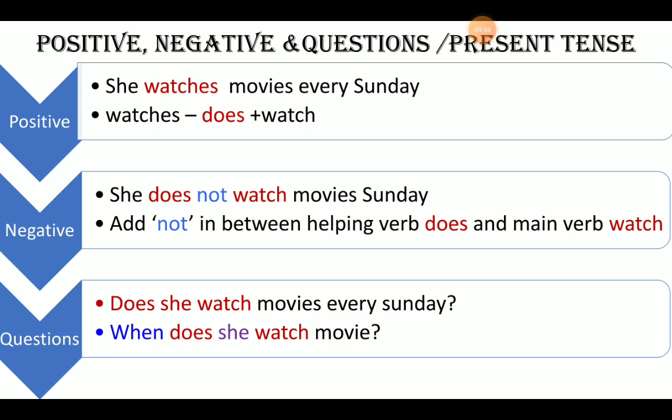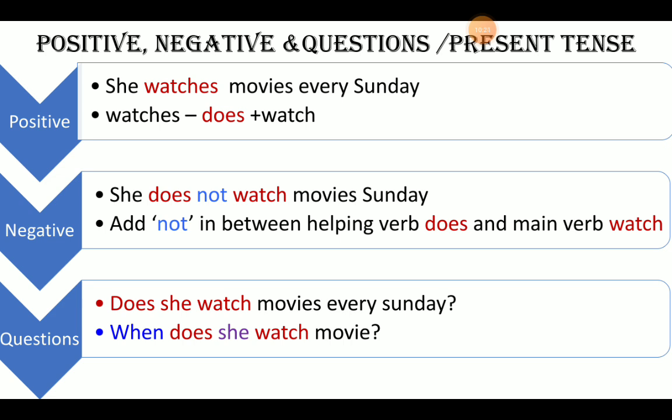So the auxiliary verb, you have to transfer to the beginning. Auxiliary verb means helping verb, right? So here the helping verb is does. So it should be transferred to the beginning of the sentence.